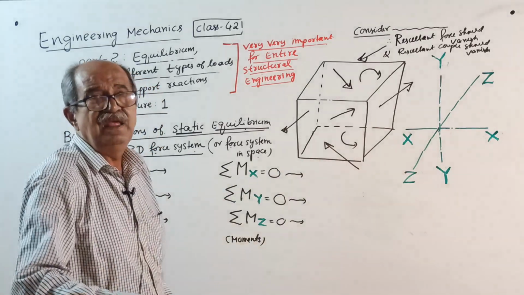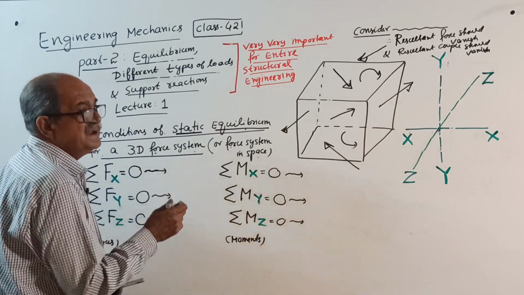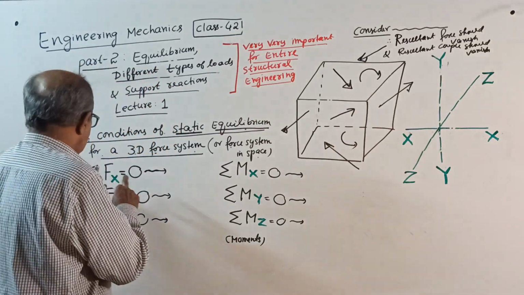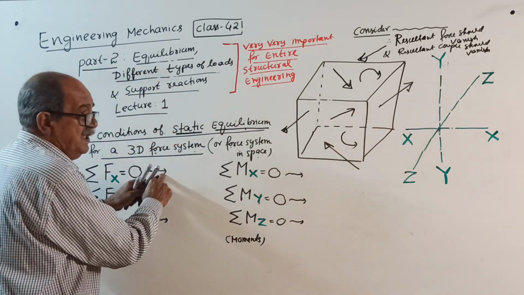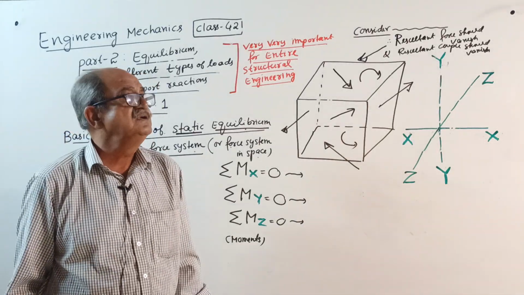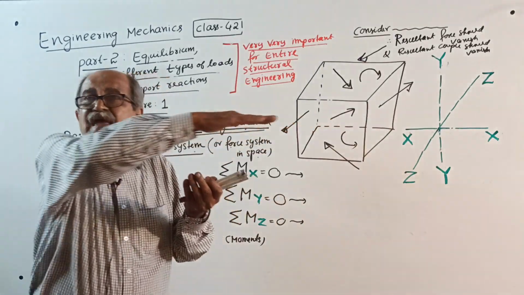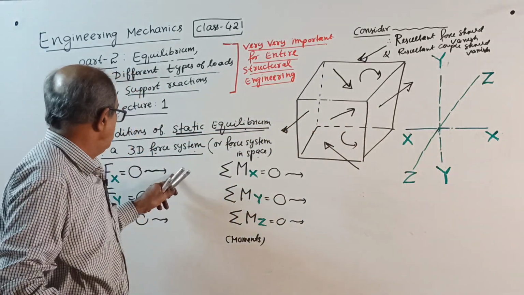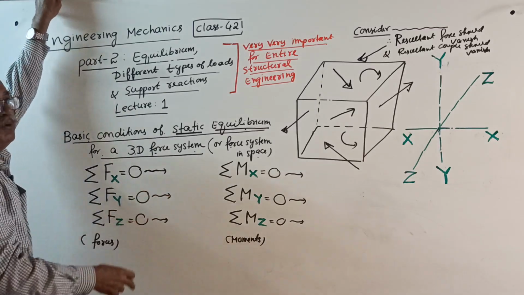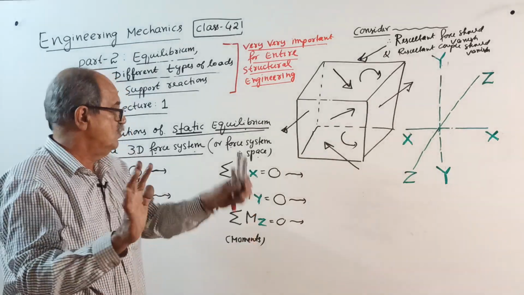I will tell once again. Now I have put waves here. Explanation I am giving, but not writing. Sigma Fx equal to 0, that is, the algebraic sum of the components of all the forces along the xx axis should be 0. Sigma Fy = 0, the algebraic sum of components of all the forces along the yy axis is 0.